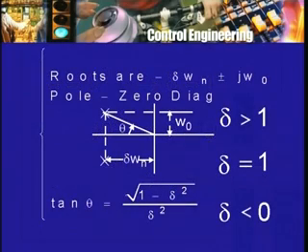So, accordingly, if delta, which is 1 by tan theta, is much larger than 1, then the system will be such that the real part is greater than the imaginary part. If delta is equal to 1, then the two parts are equal, and if delta is less than 1, the real part is much less than the imaginary part, and we will see what difference it makes to the response.